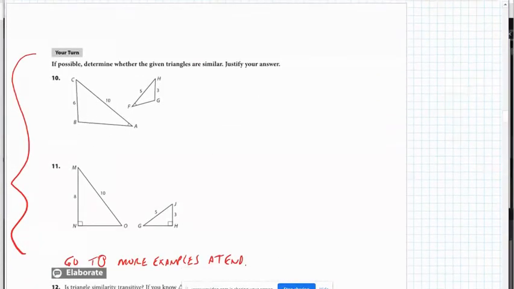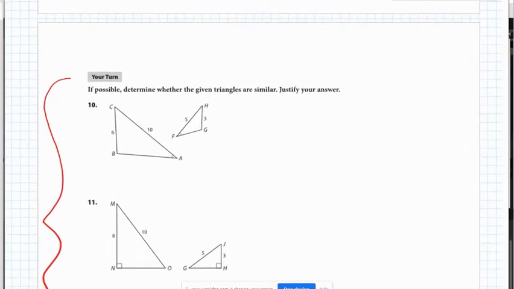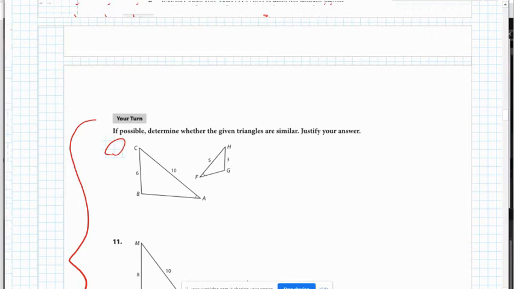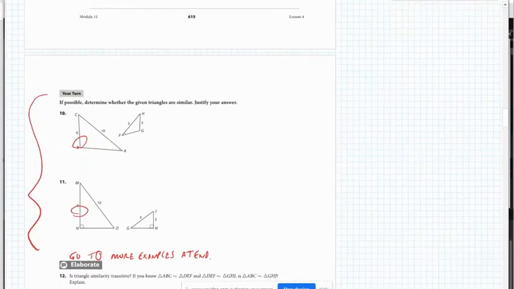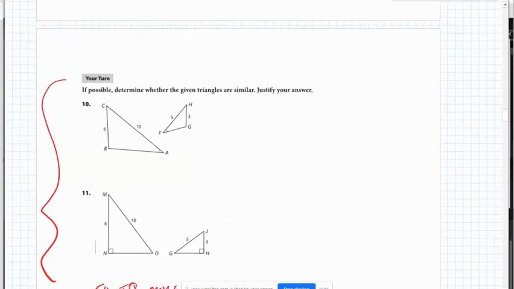Okay, and so go ahead and try on page 616, try numbers 10 and 11. Pause your video, give those a try, and then press play when you're ready to check your answers.